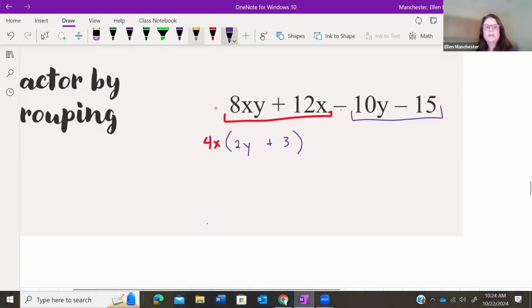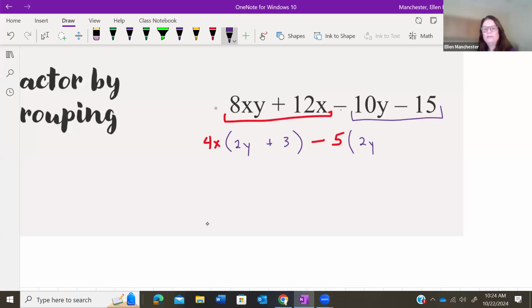And then again, I'm going to use this middle sign. So this, whatever that is, I'm going to use that. And then what's in common between 10y and 15? 5, perfect. Okay, so 10 divided by 5 is 2.